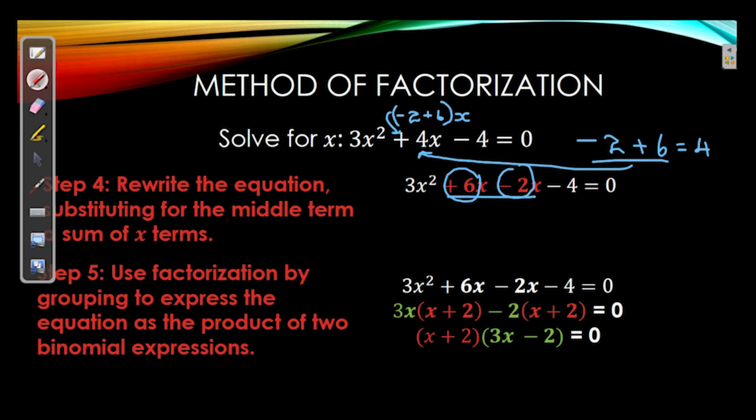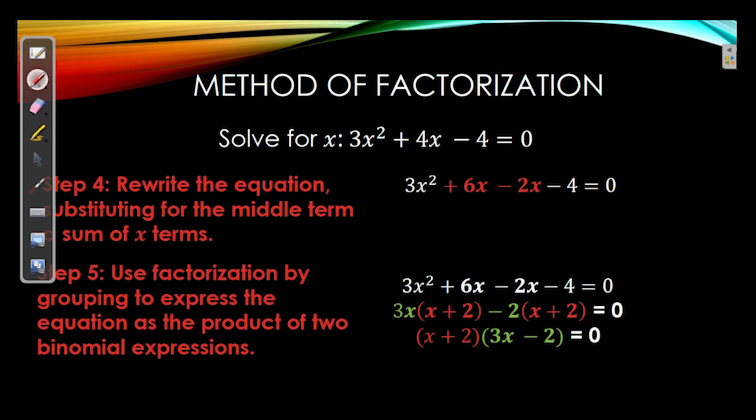Now once you do that, this particular part is very significant. We need to be able to do this piece so that we can do our factorization by grouping, so that we can start to do the complete factorization of our quadratic. So let's go through our procedure to do our factorization. The first thing is I'm going to do factorization by grouping by observing the first two terms in my equation, and I have 3x² plus 6x.